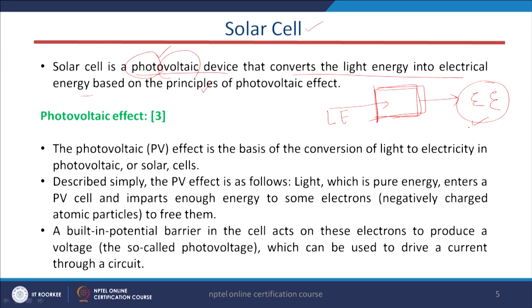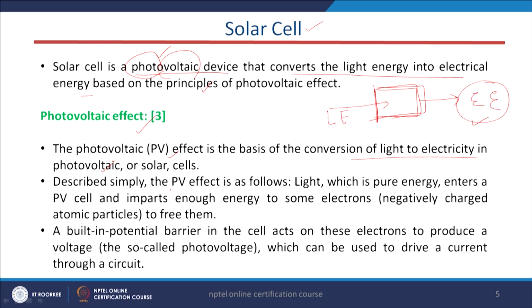The input to this cell is light energy, the light comes from the sun, and it converts to electrical energy. The output of this cell is electrical energy. That is the main function of this solar cell. And this photovoltaic effect is based on the conversion of light to electricity in photovoltaic or solar cells.